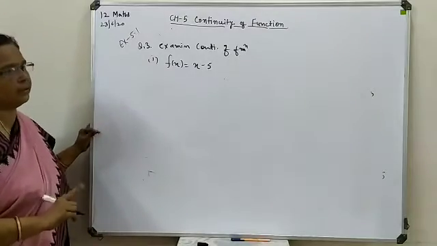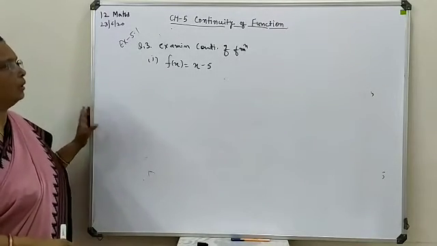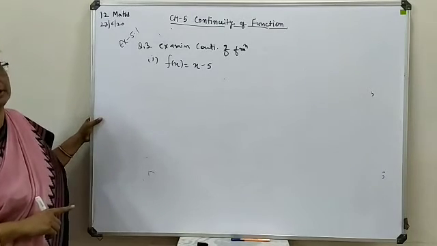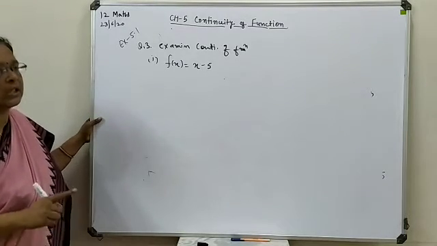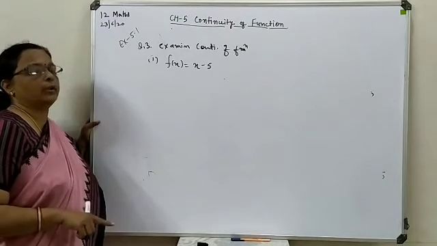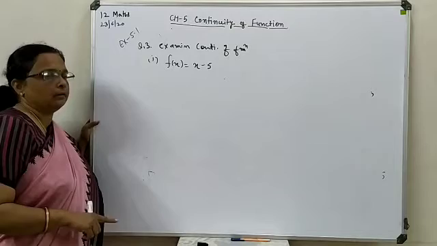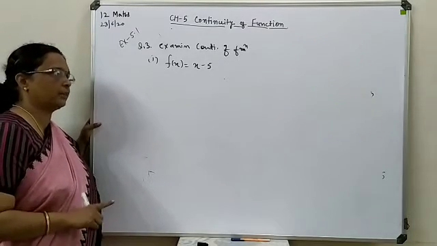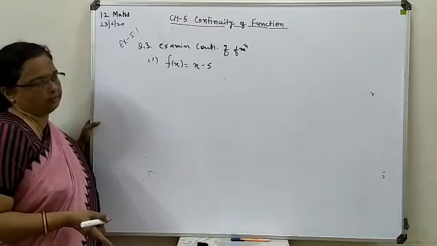Now the method changes somewhat, as the point at which you want to check the continuity is not given. So in general we will make the solution. When you are talking about a general point, again there are two methods. I am writing both here, you can implement them as per your convenience.